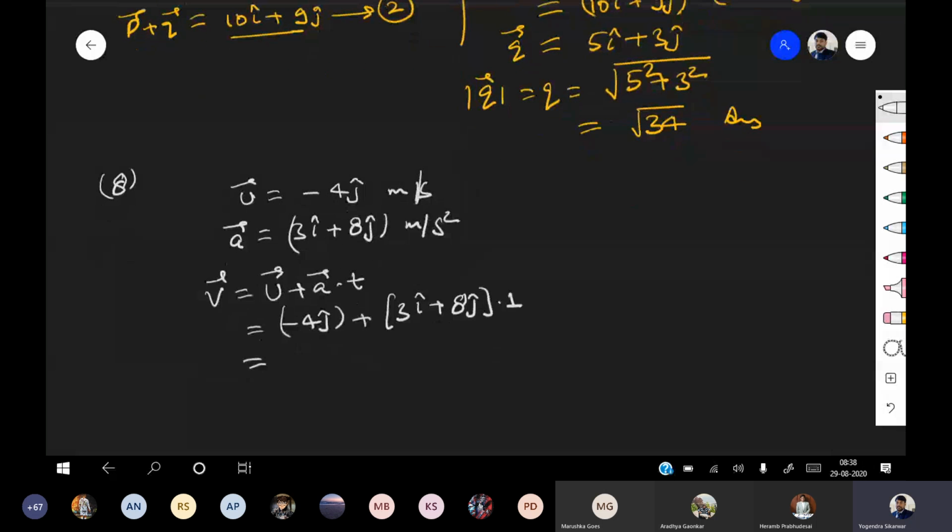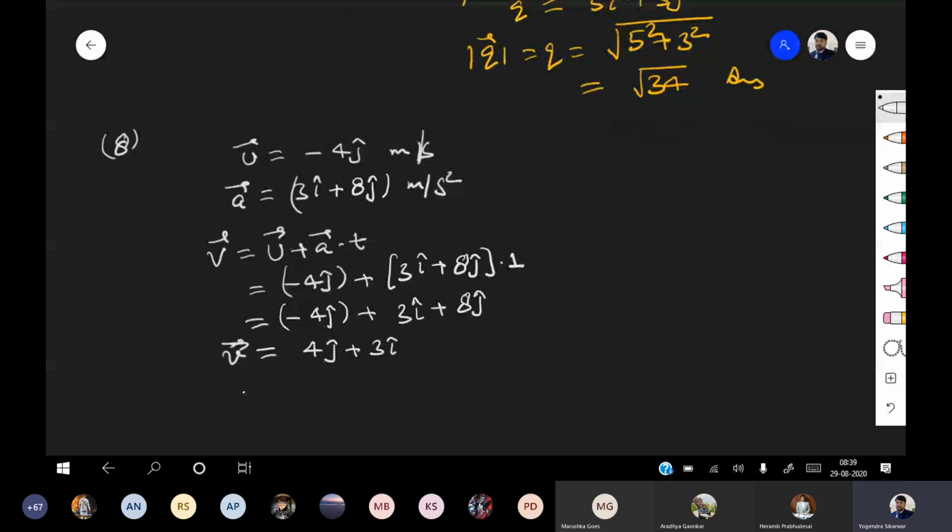That becomes minus 4j plus 3i plus 8j. Minus 4j plus 8j becomes 4j plus 3i. This is the value of v vector.